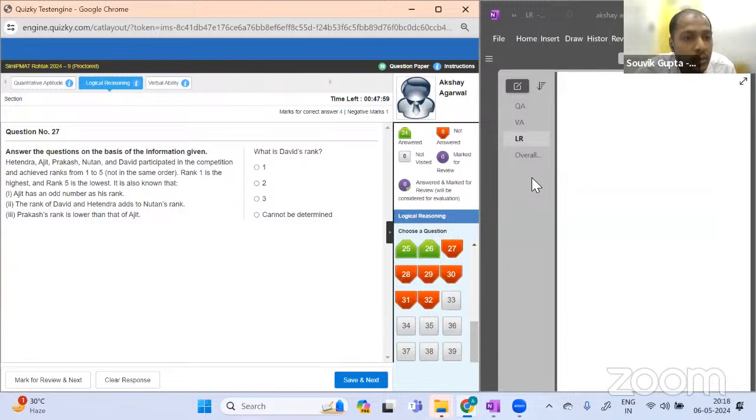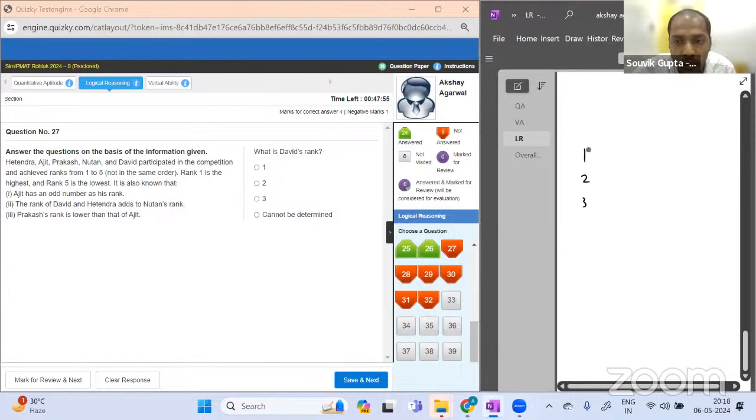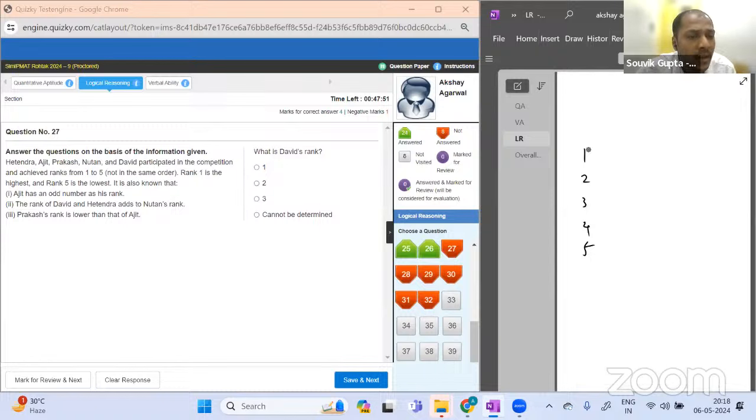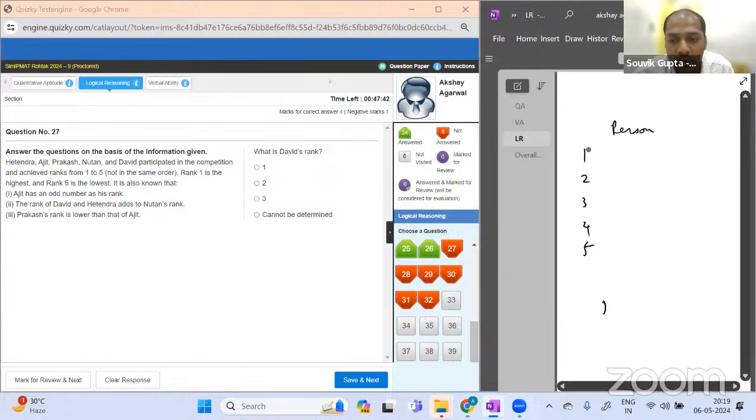Hitendra, Ajit, Prakash, Nutan, and David achieve ranks 1 to 5, not in that order. So 1, 2, 3, 4, 5 are the ranks. Rank 1 is the highest and rank 5 is the lowest. Ajit has an odd rank, so Ajit would be 1, 3, 5 only.